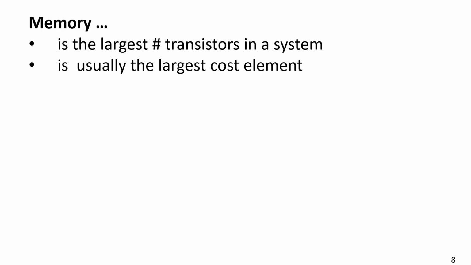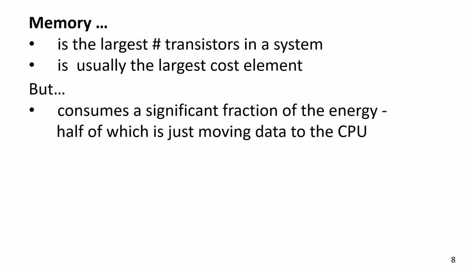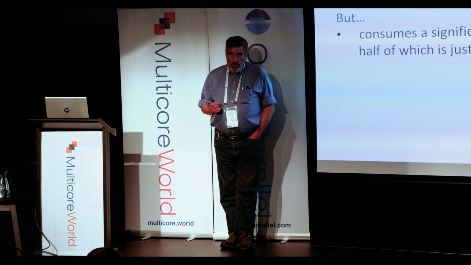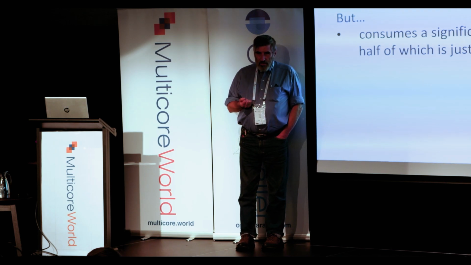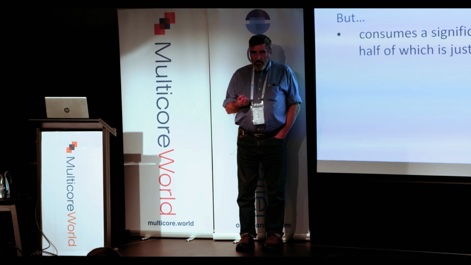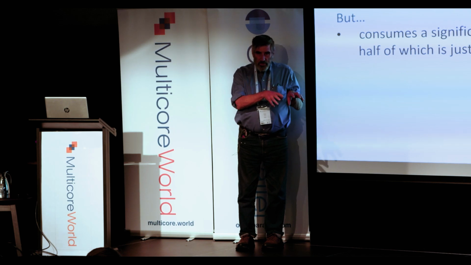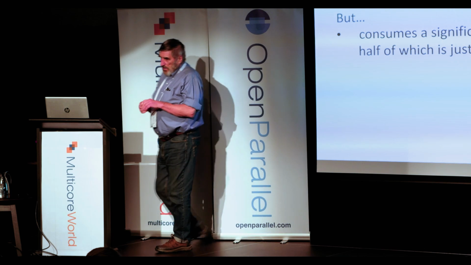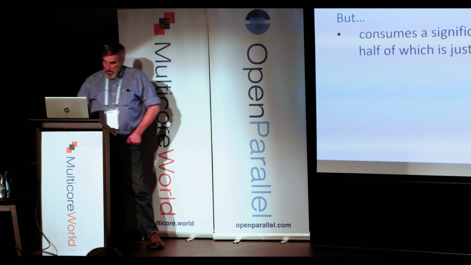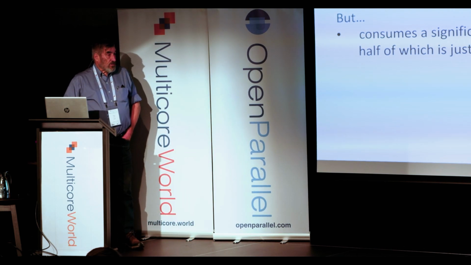It's a significant sink of heat, half of which is moving data from the memory to the CPU. That strike you as a little bit ridiculous? That half of the energy that memory consumes is just moving it from one place to another. So if we can avoid some of that movement, we've got some advantages built in.